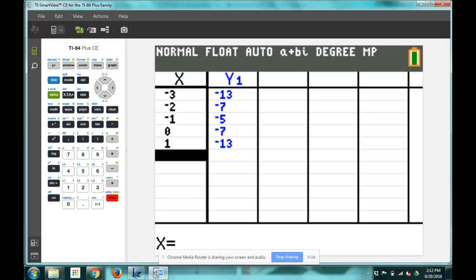Anybody else not letting you type in the X values you want?